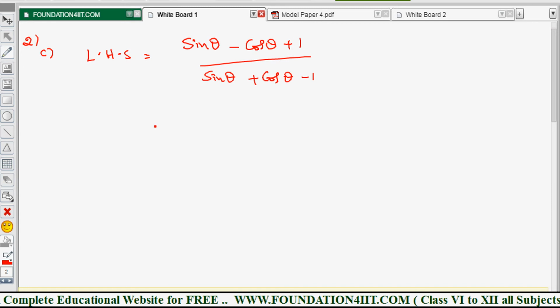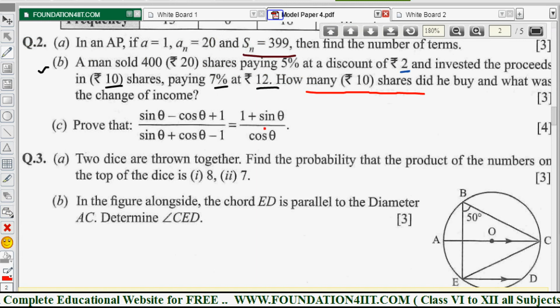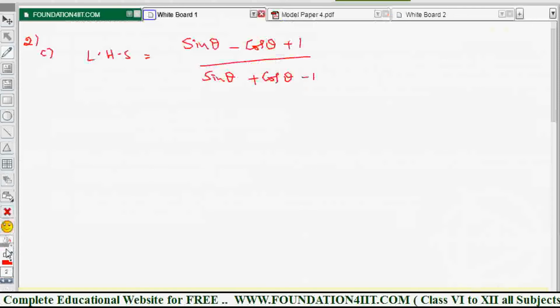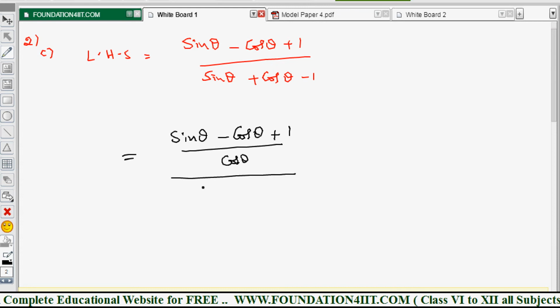In questions like these, you divide both numerator and denominator by cos theta, because you need some cancellations, converting into tan and sec, then only we can get 1 plus sin by cos. So divide both numerator and denominator by cos theta. Then sin theta minus cos theta plus 1 divided by cos theta. Same again, the denominator is sin theta plus cos theta minus 1 by cos theta.